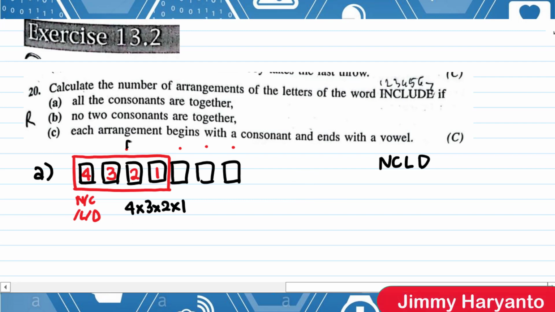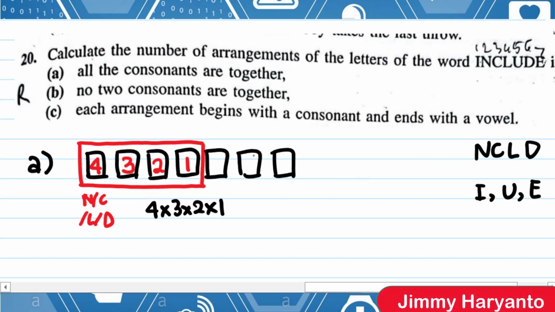And then for the next one, we have 4 boxes to be arranged, so it will be 4 factorial. Or maybe you can think like this also. The rest is I, U, and E, which can be filled in these 3 boxes, right? So there are 3 2 1, but this red box can be placed in these places, there are 1 2 3 4.